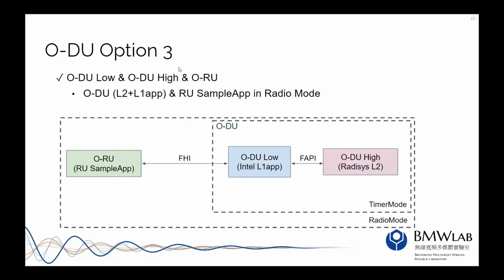And option 3 is the integration of ODU Low, ODU High, and the ORU. I think we can say that is our final goal, and it can be divided into 2 modes. The first one is timer mode. As we can see, this combination will not include a radio unit.